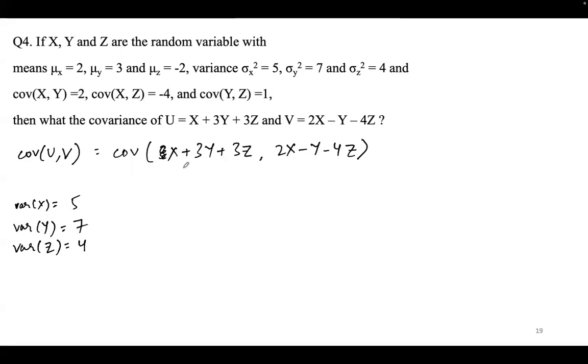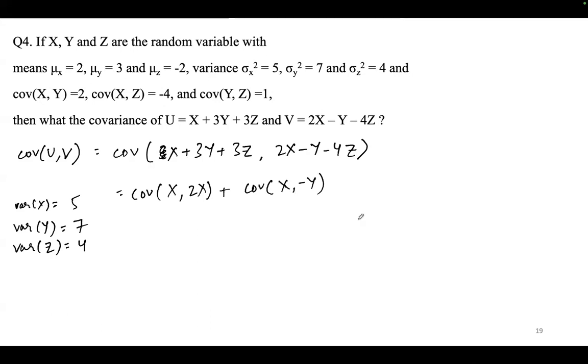Now, here we have 2X, right? Okay. Let's solve it a little better way. So we want to calculate the covariance of X comma 2X plus covariance of X comma minus Y. This thing, right? It's a pairwise. We are opening the brackets.